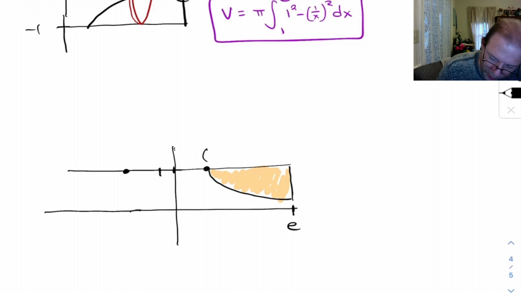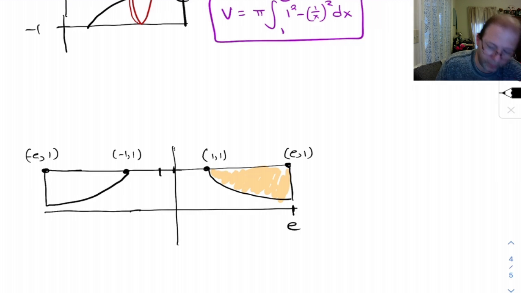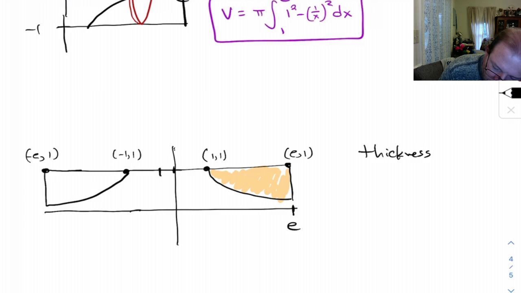Note this right here is the point 1, 1. This is going to be the point negative 1, 1. And this is the point e, 1. This is going to be back over here at the point negative e, 1. So we've got that. So in this case, our thickness is going to be dy.